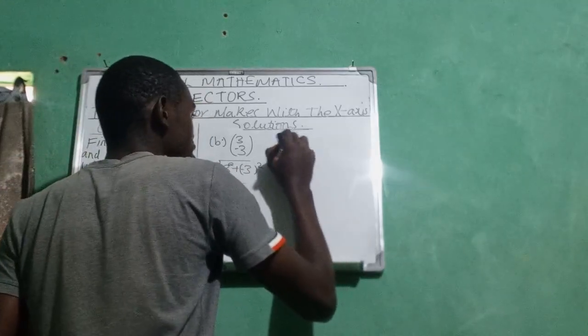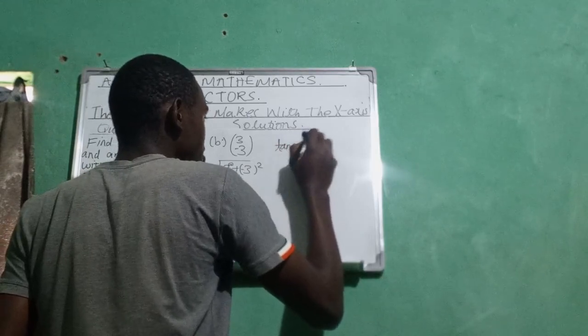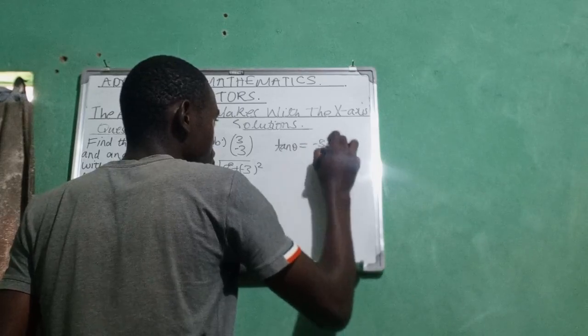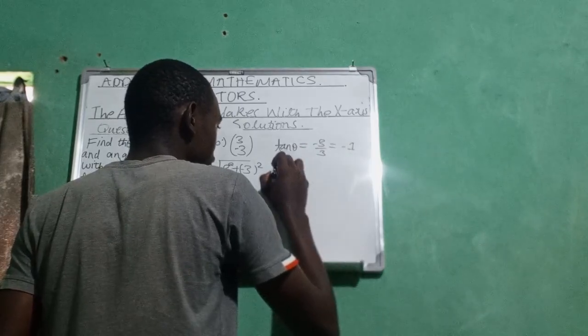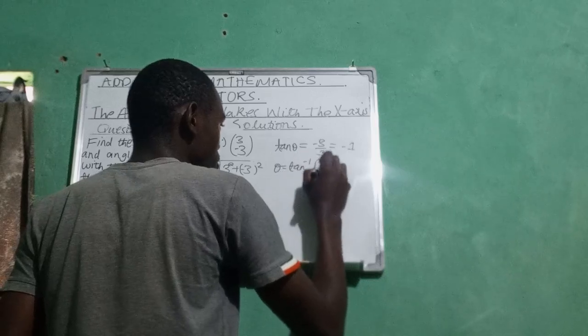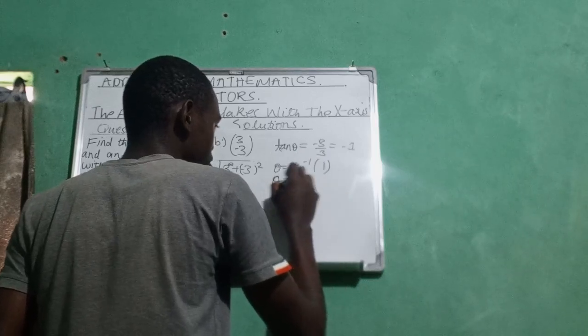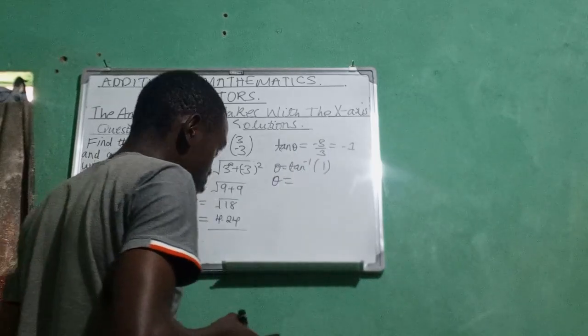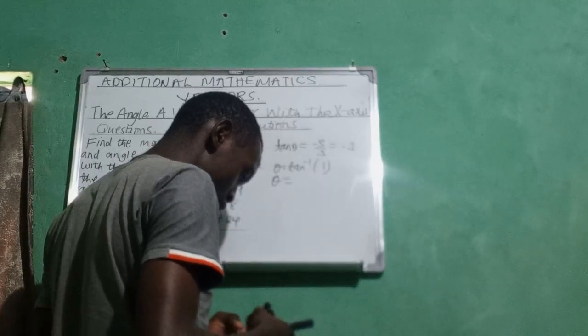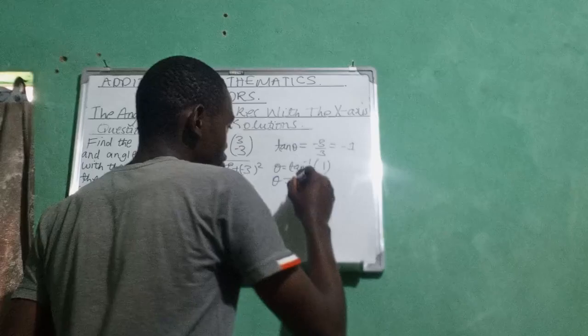Then the angle it makes with the x-axis: tan theta is equal to negative 3 over 3, which is equal to negative 1. Theta is equal to tan inverse of 1, which is 45 degrees.